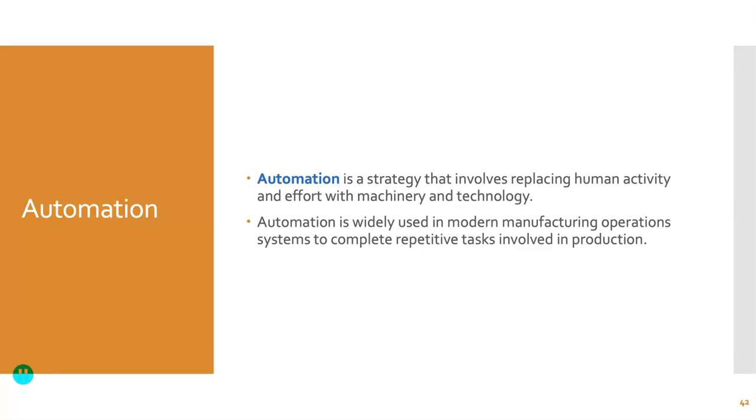Automation is simply any strategy in a business that involves replacing human activity with machines and technology. Now, automation is widely used in the modern manufacturing operation system because automation allows repetitive tasks to be completed by machines and not humans.